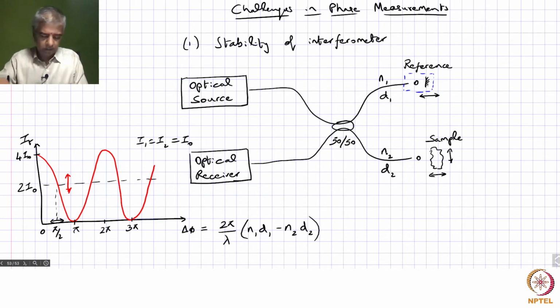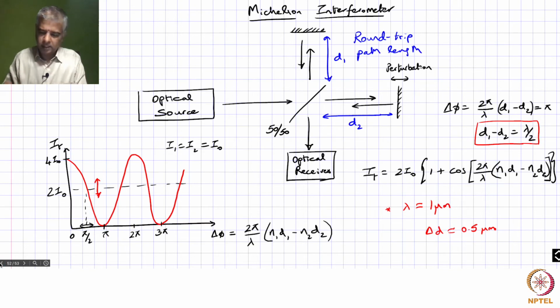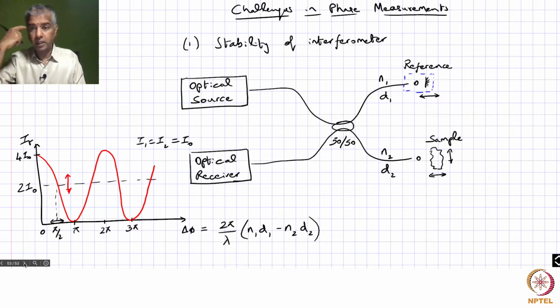Why? I already mentioned that over here also, even if there are some pressure changes in the two arms, that changes the refractive index, and that could potentially cause unwanted, undesirable perturbations in your measurement, and more so over here because the optical fiber, which is made of glass, is actually susceptible to changes in the environment.